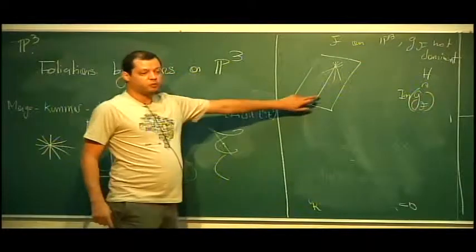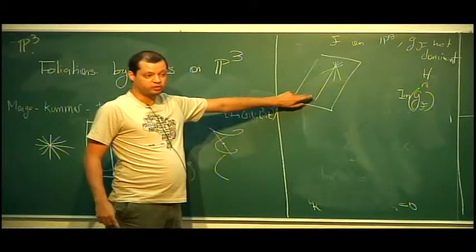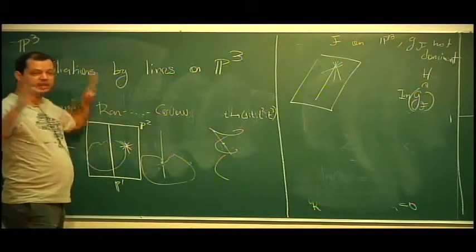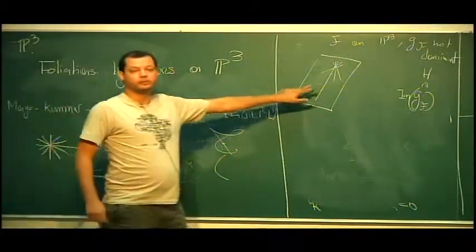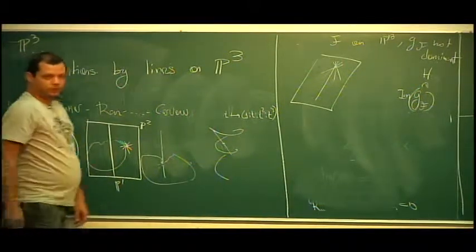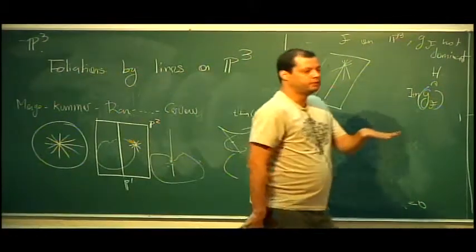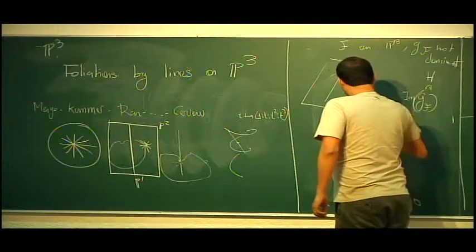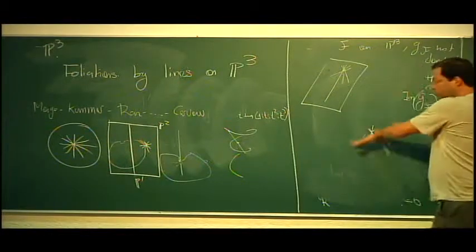And this will be the line which corresponds to the fiber, and we have seen that this foliation by lines, when I take a P2, will have only one line in it. And it's not hard to see that we are in this case. Which means that we have a foliation by lines with leaves contained in it. Well, we have this point, the lines through this point, and the leaves of the foliation are contained in this.